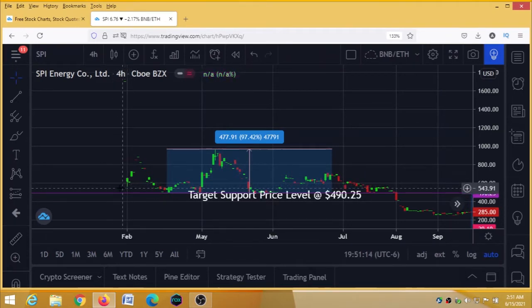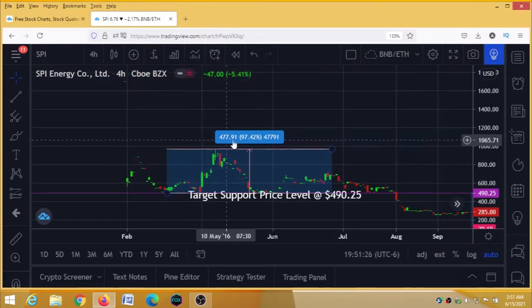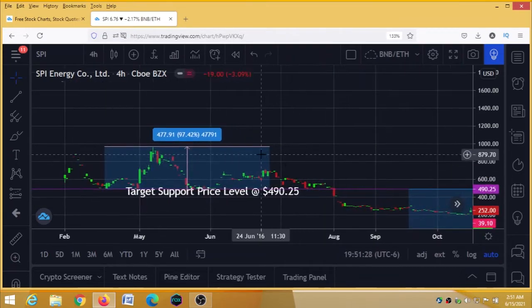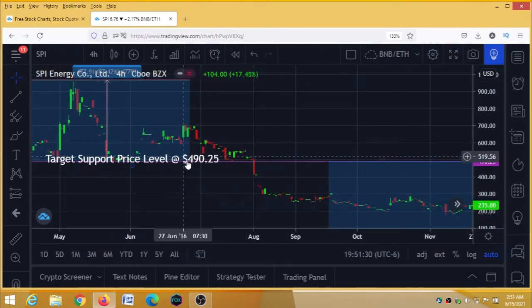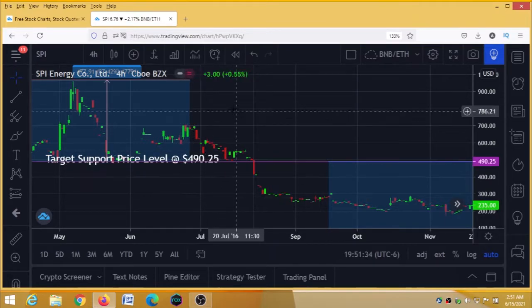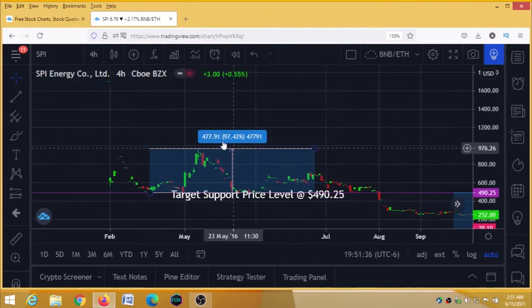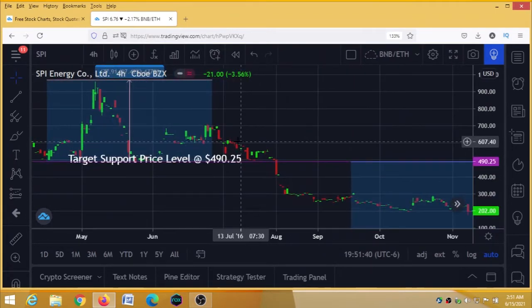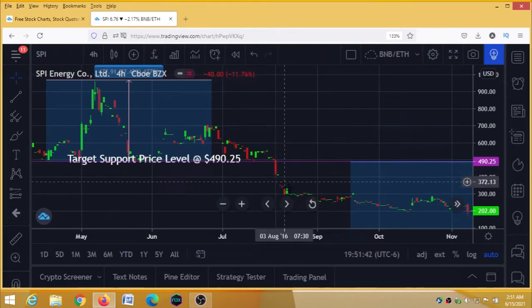As you can see, these are the first candlesticks that represent the first trade actions performed on the 4th of February 2016, which was the initial public offering date. On this SPI candlestick price chart data, the target support price level is $490.25 and it's under a 97.42% bounce, and it's directly behind this dumping candlestick price action.